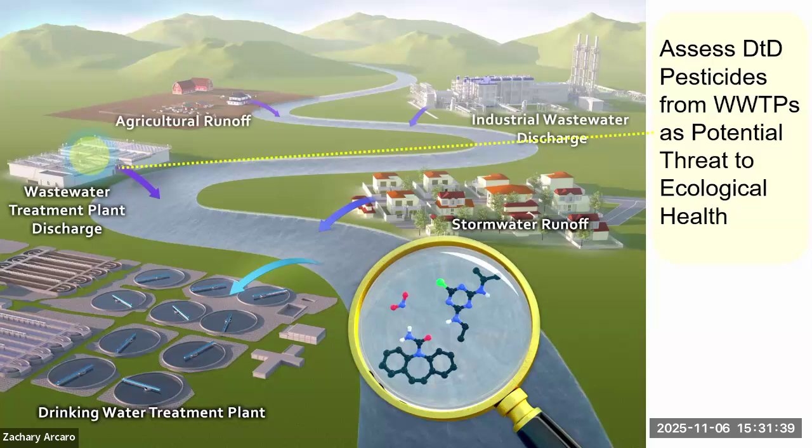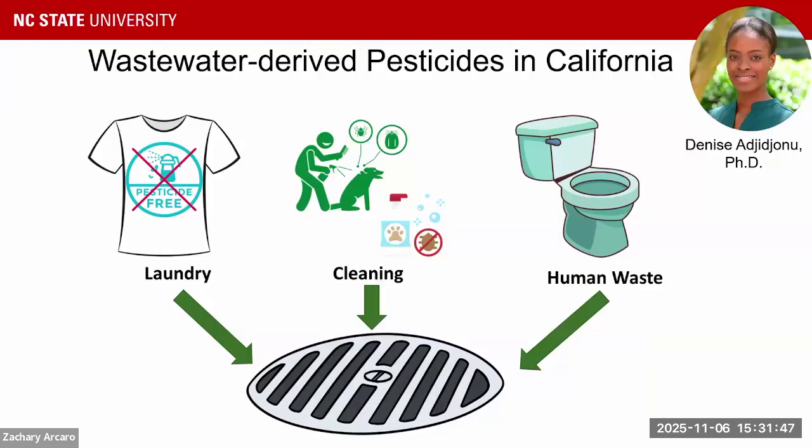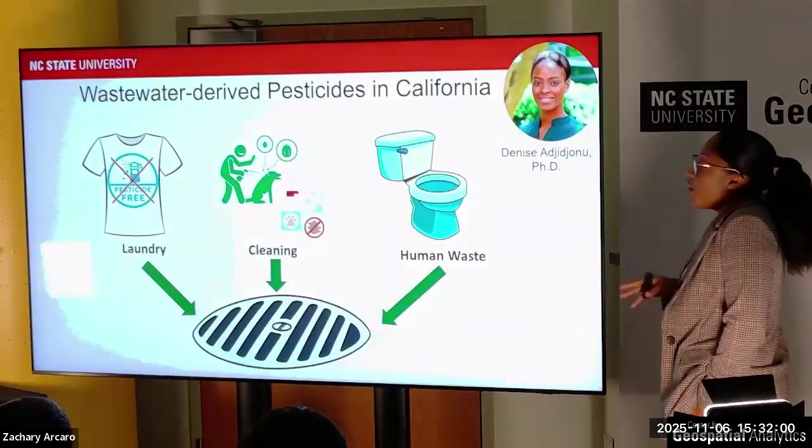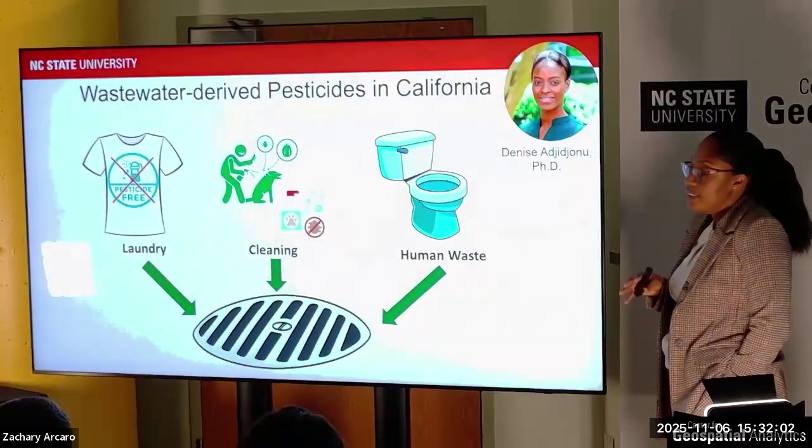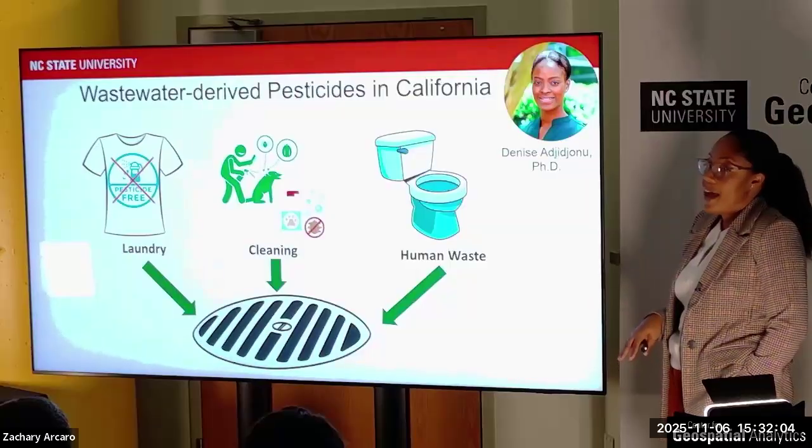I'm going to focus on down the drain pesticides. Pesticides are not necessarily an emerging contaminant, in that they are, of course, applied for many uses, to agriculture, but also to uses that lend to a down the drain pathway.